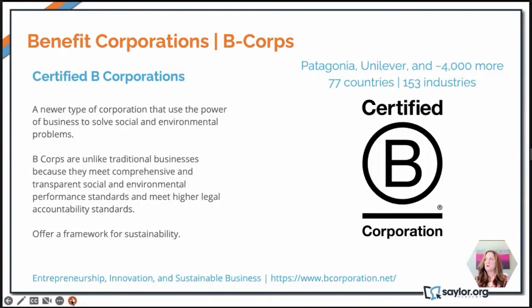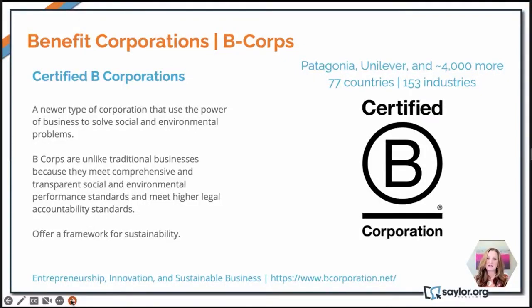So a B Corp is a way for companies to legally be able to invest in social and environmental causes without getting sued by their shareholders. So if you invest in a B Corp, you know what you're investing in. It's a newer type of corporation that uses the power of business to solve social and environmental problems.